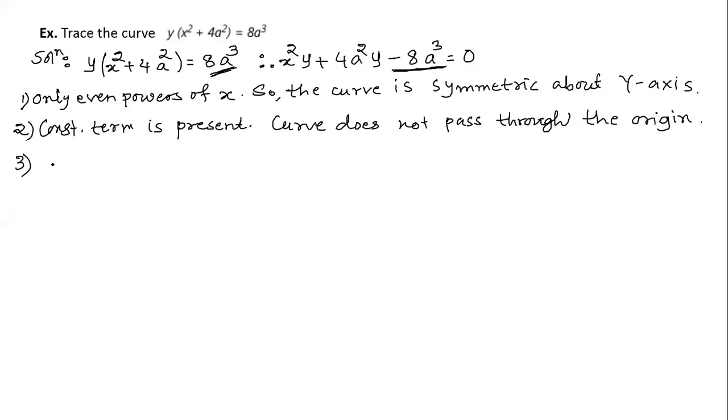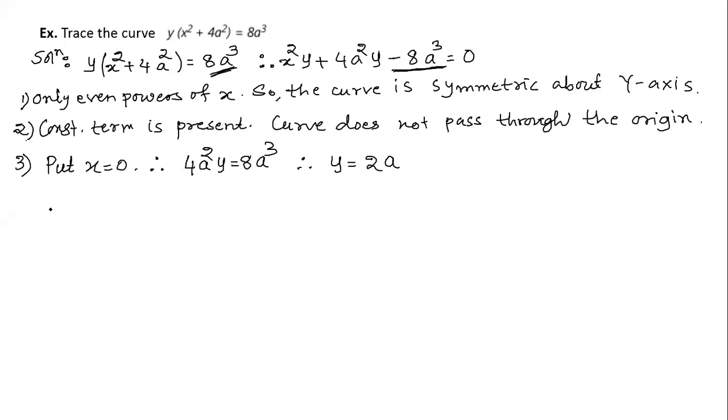Property 7 is put y is equal to 0 and try to find out x. In the simplified expression, if we put y is equal to 0, we will get something meaningless. So we'll not do that. Rather, we'll put x is equal to 0 into the equation. Therefore, we'll be getting 4 a square y is equal to 8 a cube, and therefore y is equal to 2a.